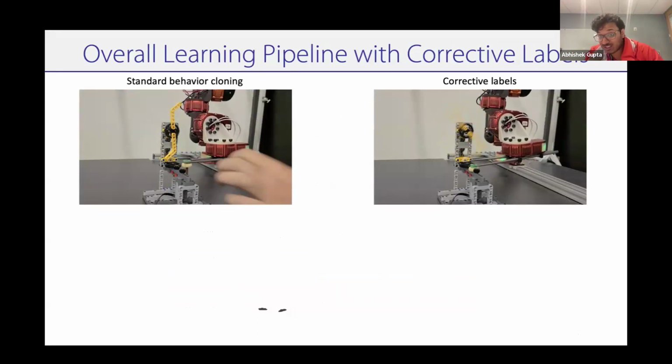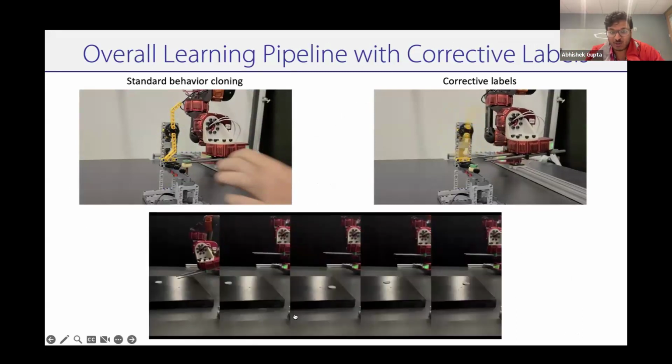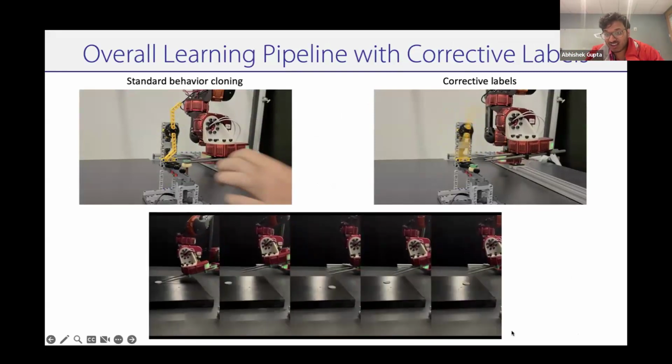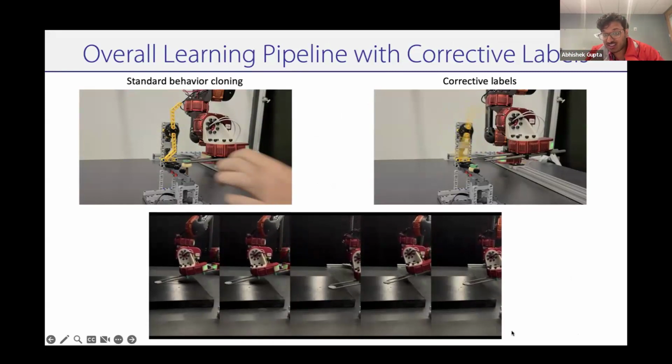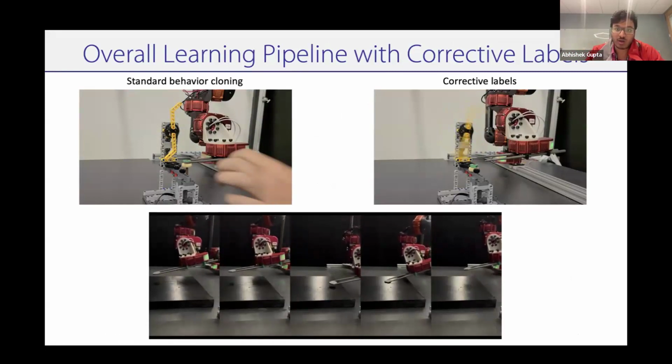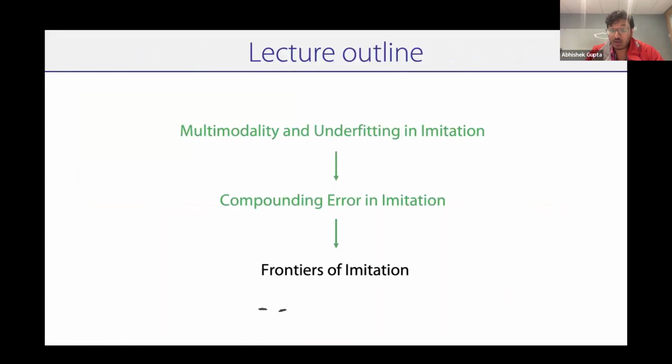You can see when you add these corrective labels, it does a lot better. You can do things like picking up a coin, which is extremely precise, right? And these kind of deviate a lot unless you add these corrective labels. But really the point I want you to take away is whenever you want to deal with compounding error, try to find corrective labels that bring you back in distribution, right?